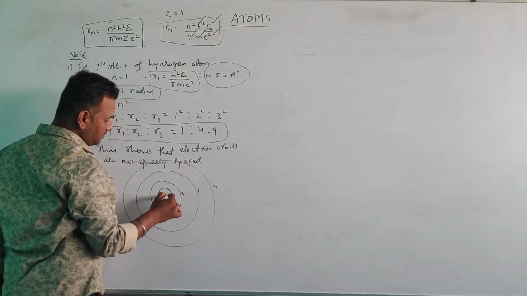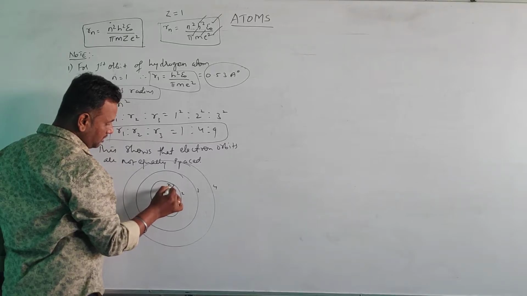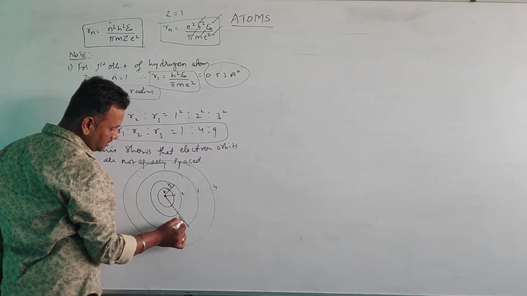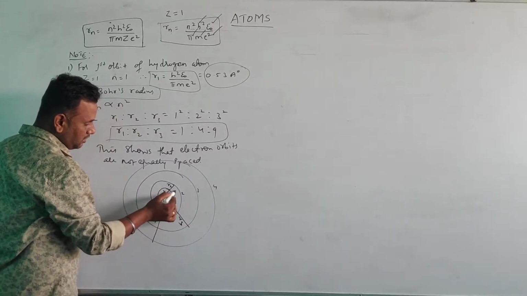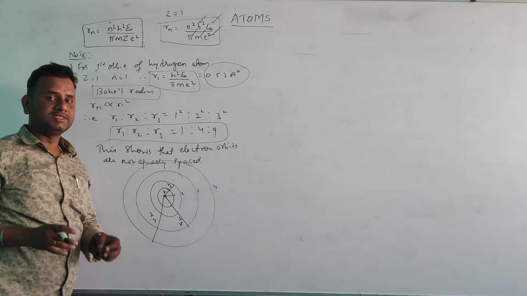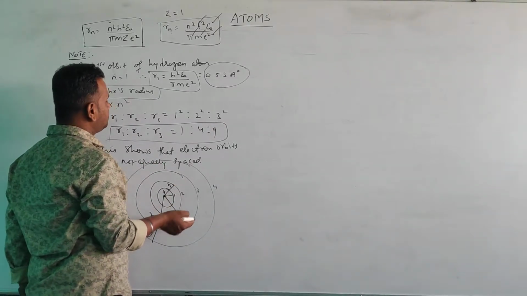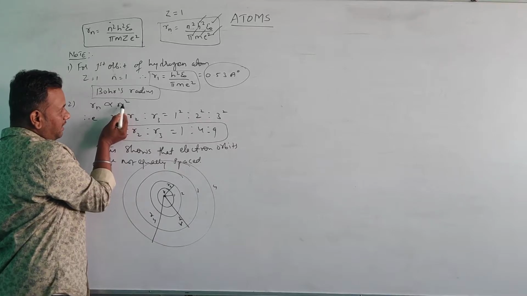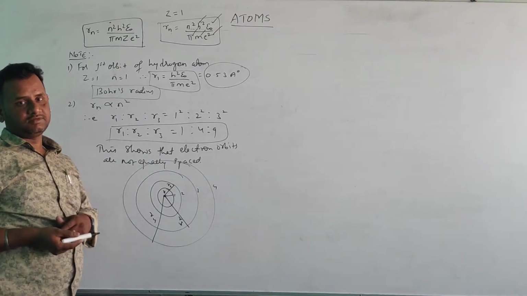This is R1, R2, next R3, next R4. These radii are not equally spaced because we are getting the n square value here. Every time it becomes larger.